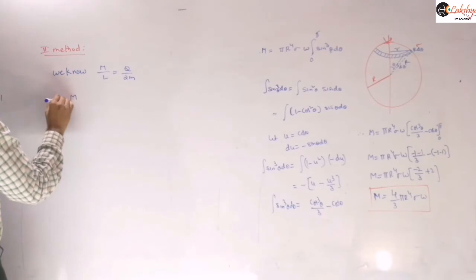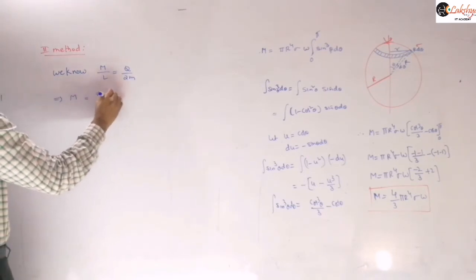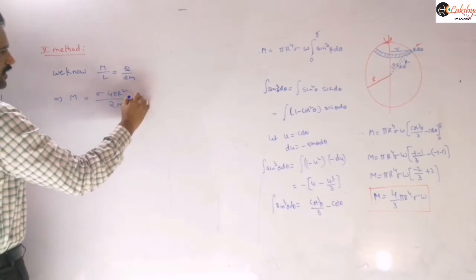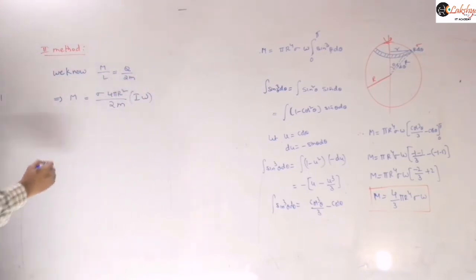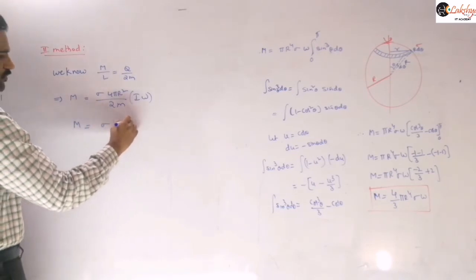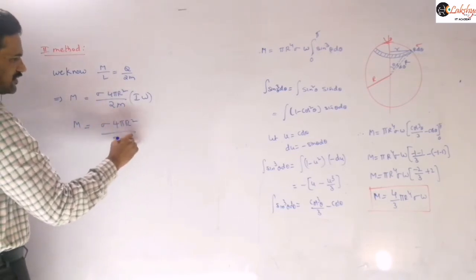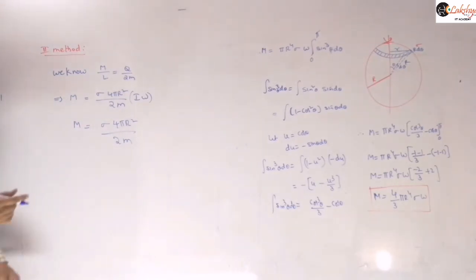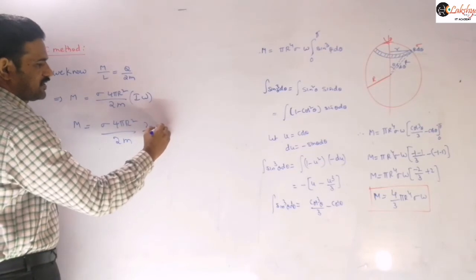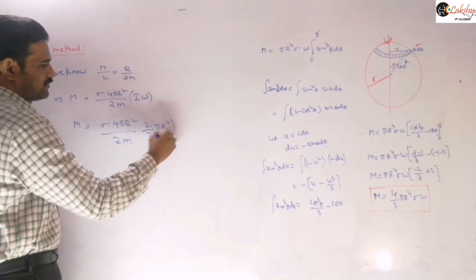Therefore from this, m, the magnetic moment, is sigma into 4 pi r square by 2m into I omega, this L means. Let us do the simplification later. Now this I is nothing but the moment of inertia. The moment of inertia of the hollow sphere is 2 by 3 m r square.